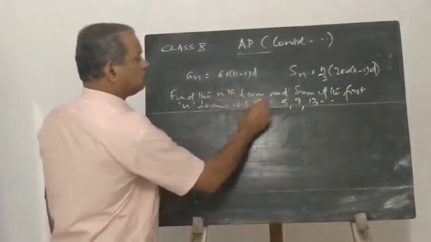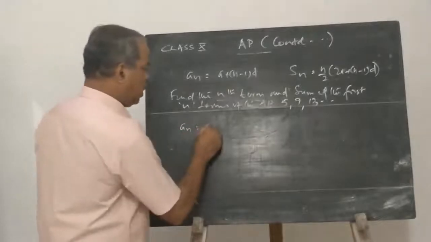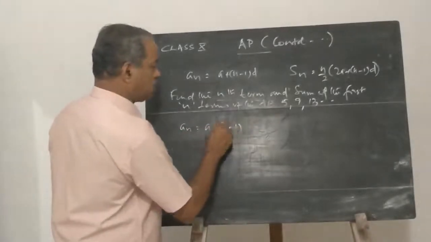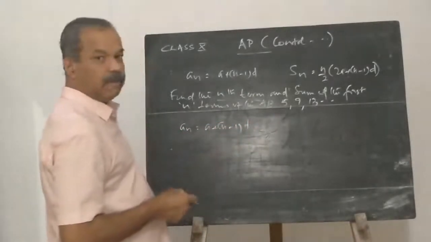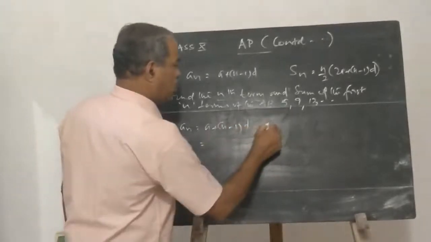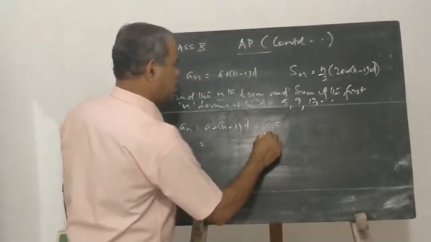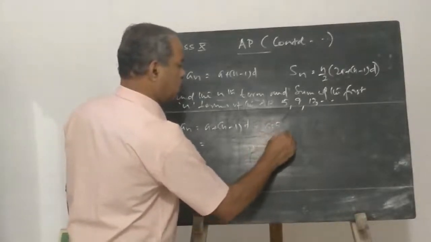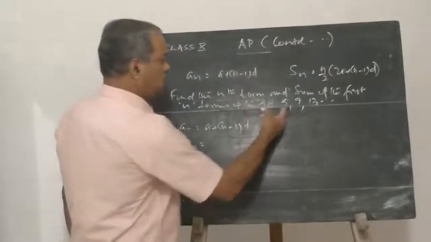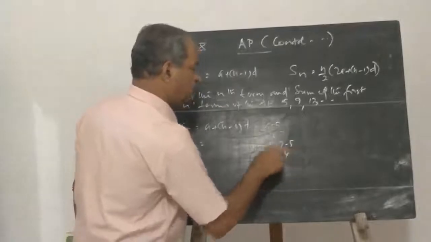Now, the nth term an is equal to a plus n minus 1 into d. Here a equals 5, n is not given, and d is 9 minus 5, which is 4.